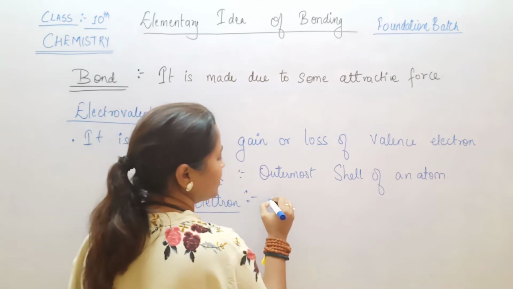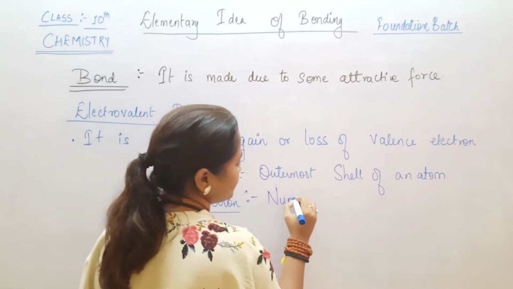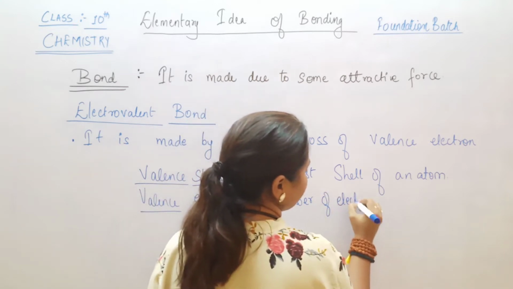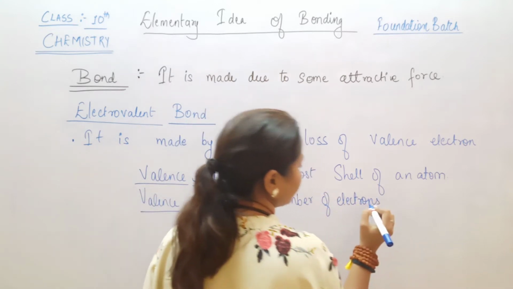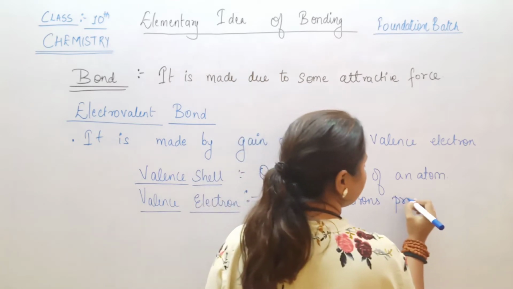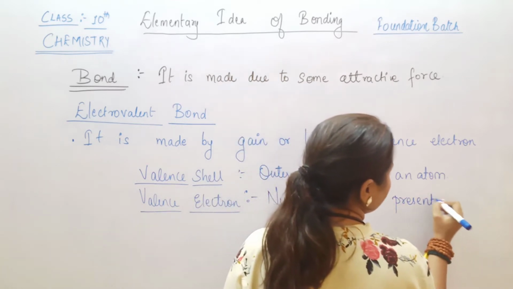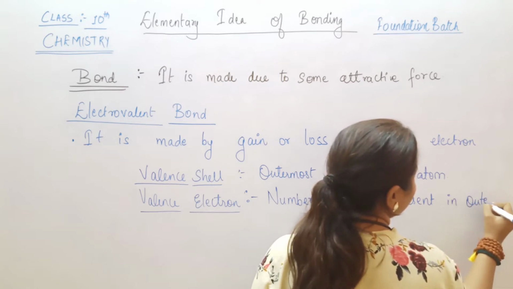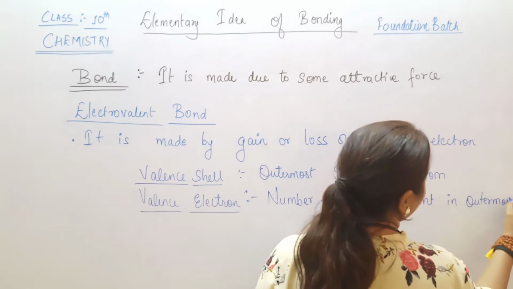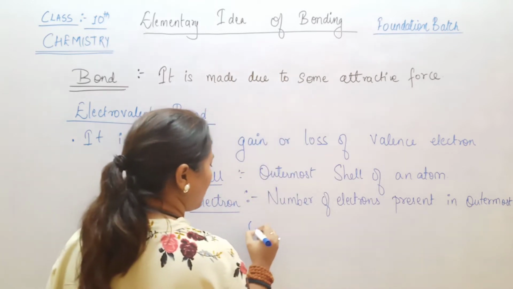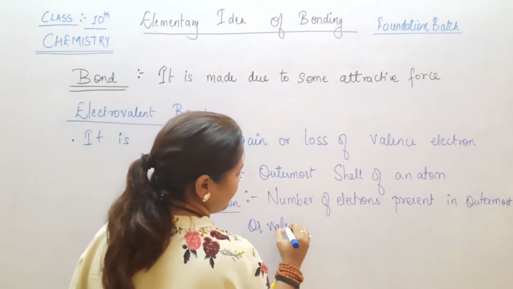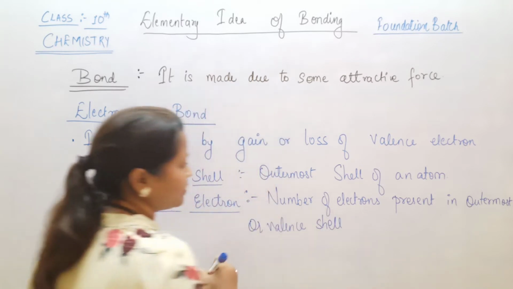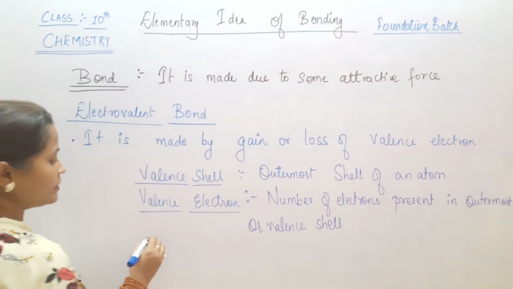It is the number of electrons present in the outermost or valence shell. ठीक है?